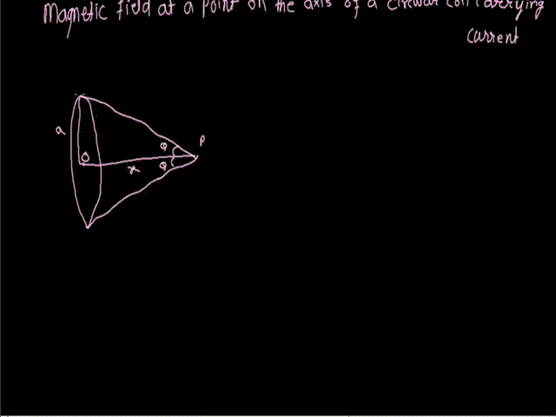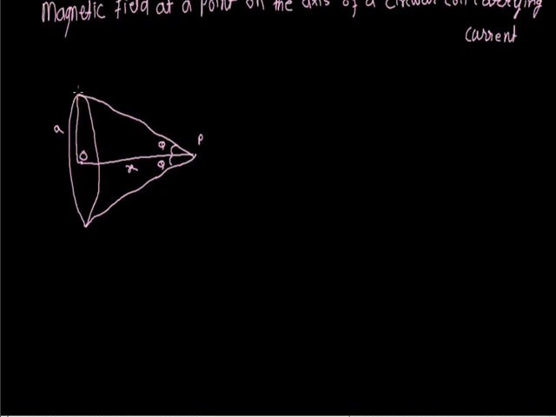We consider a small element dl at any point of the circumference. The current flowing through the coil has magnitude I. The magnetic field intensity at point P is dB equal to mu naught upon 4 pi, I dl sin theta upon the distance between P and the dl element.